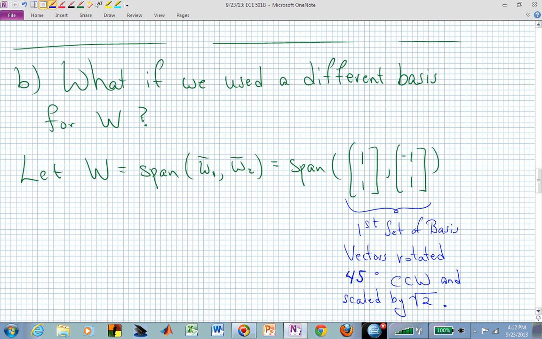So now instead of thinking in terms of x and y coordinates for your output space, you're saying how much of this vector that's living at a 45-degree angle in the first quadrant, and how much of this vector that's living at 135 degrees, in the second quadrant.